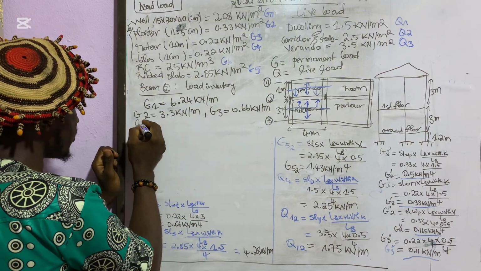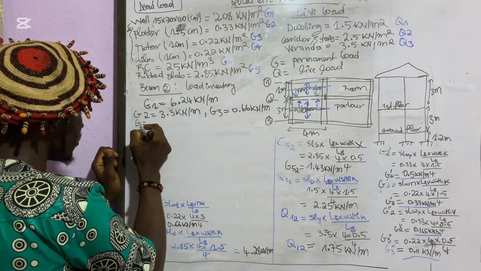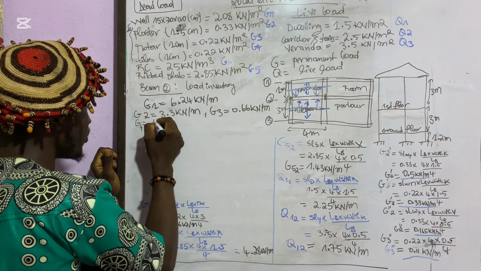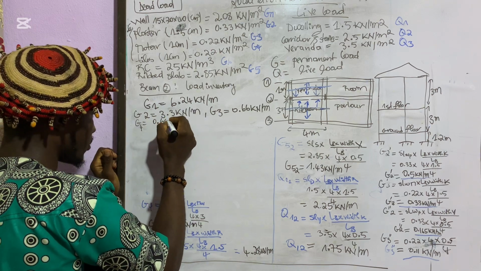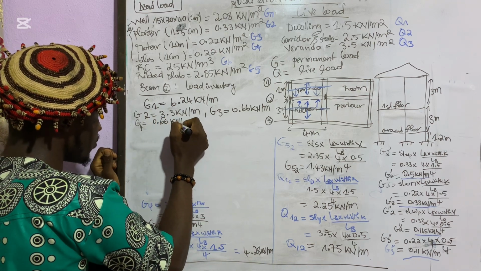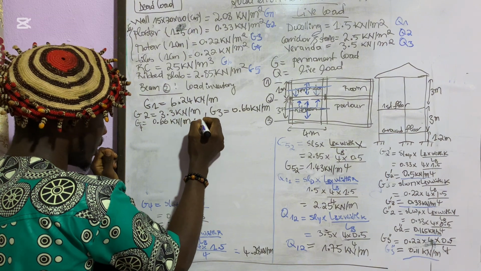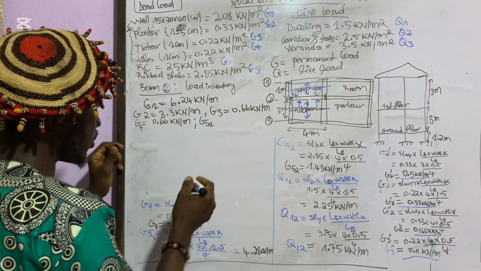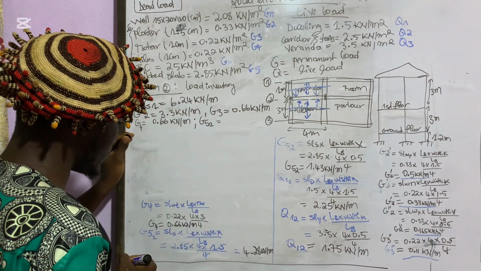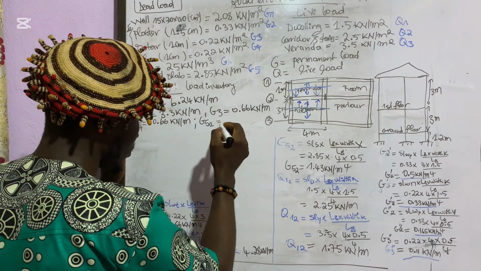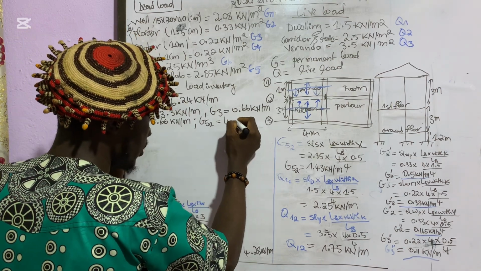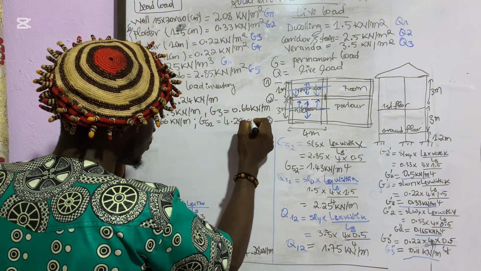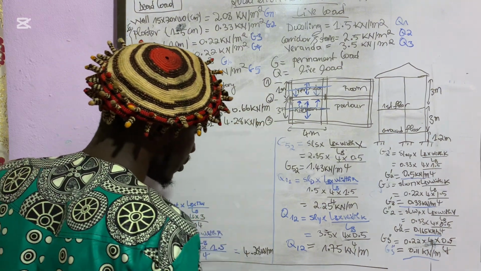Then we have G4. G4 is equal to 0.66 kilonewton per meter. Then we have G51, which is equal to what? Is equal to 4.28 kilonewton per meter.